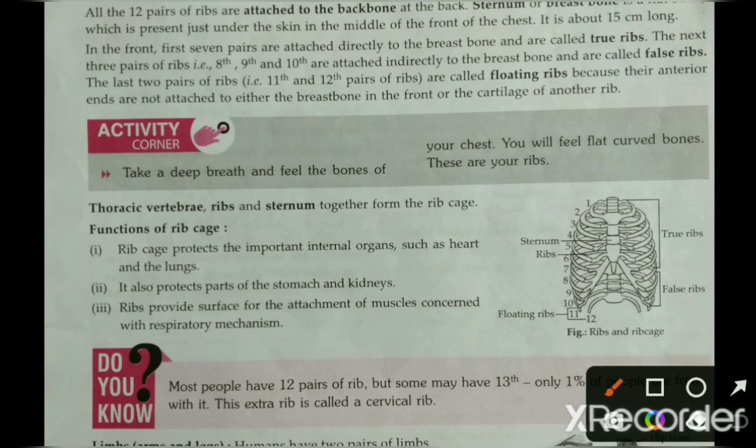Fine. Okay, functions of these ribs. So it is nothing but to protect the important internal organs like the heart and lungs, and also in the lower part of the body, that means near the thoracic cavity in the back side. So it protects your stomach in the front, and in the back side it protects your kidney.